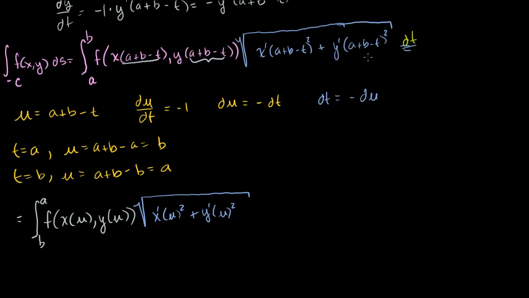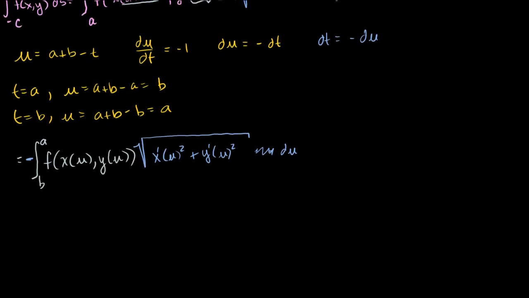So instead of a dt, we have to put a minus du here. Just so we don't think this is a subtraction, let's put that negative sign out in the front. So we're going from b to a of this thing.